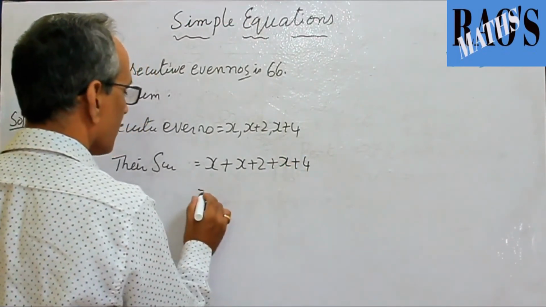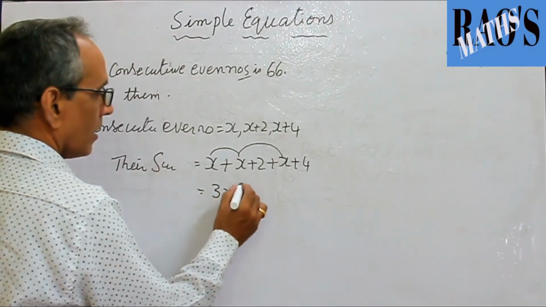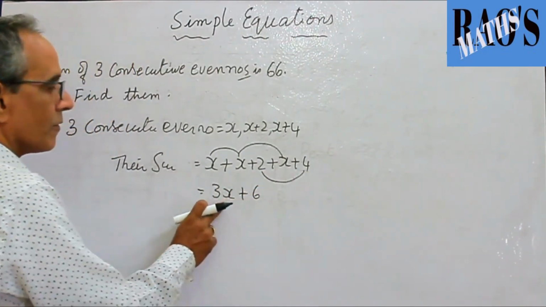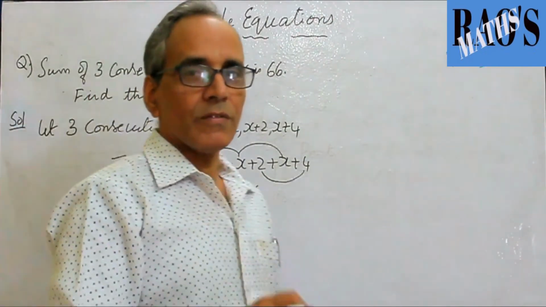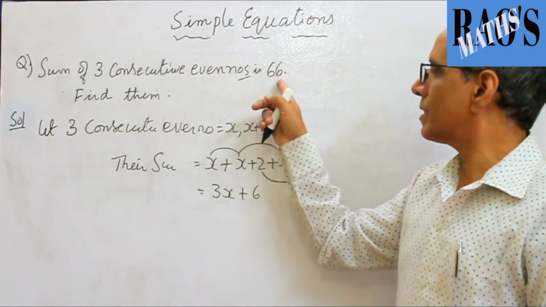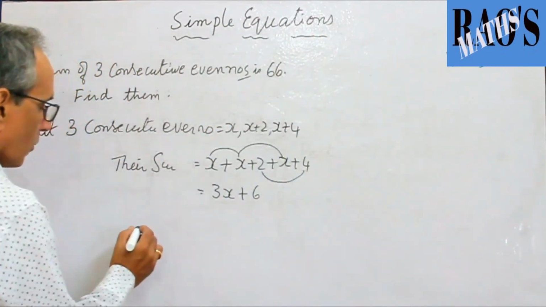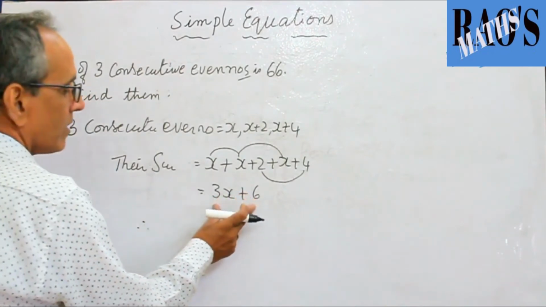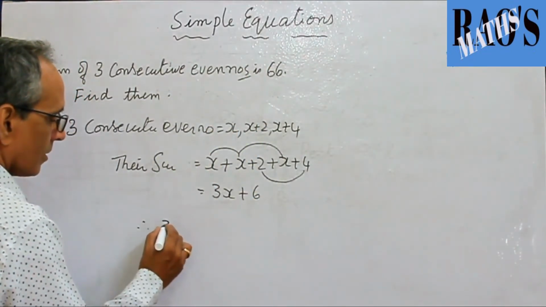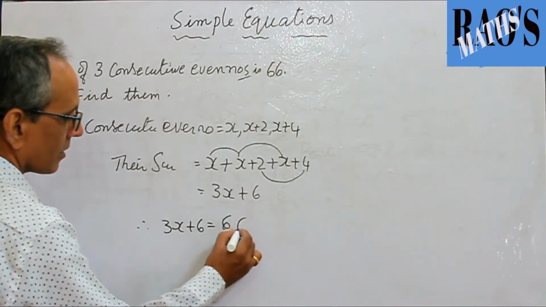Let me sum these up. We have 3x and 2 plus 4, 6. This is the sum of 3 consecutive even numbers in terms of x. But this is equal to 66 by the question. Now you have the equation. Therefore, I equate my sum to the sum in the question, that is 3x plus 6 is equal to 66.